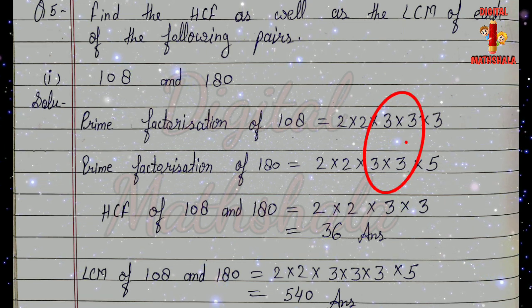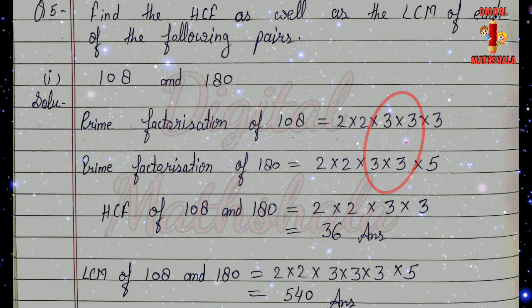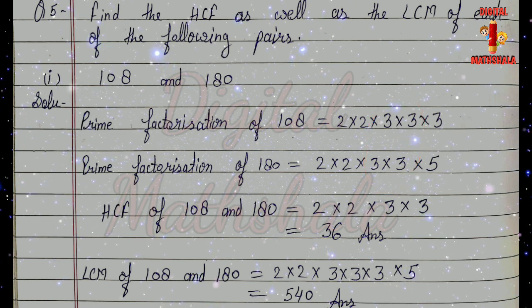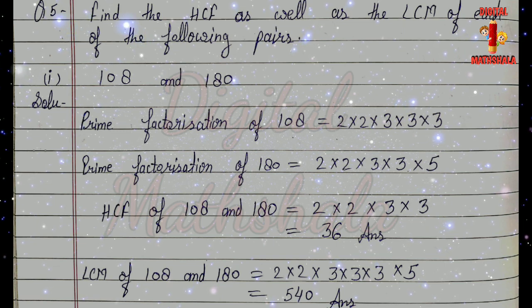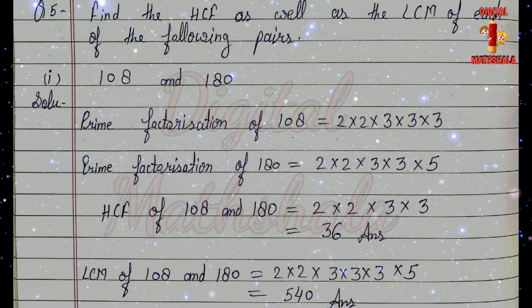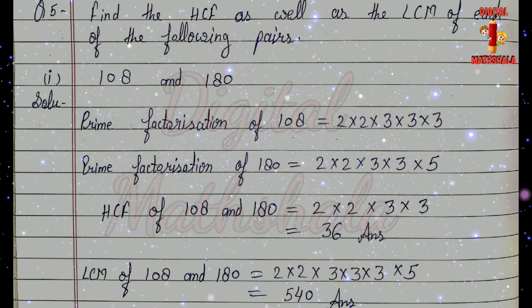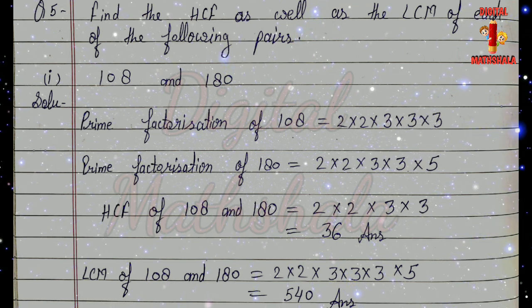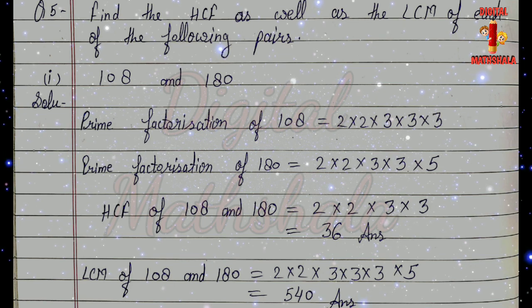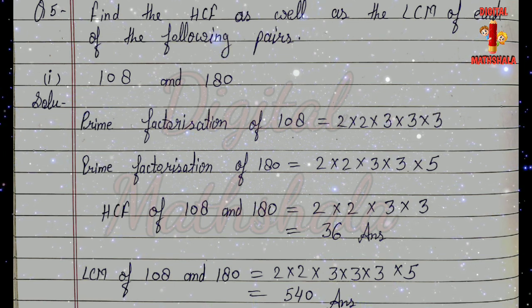Now 5 is in the factorization of 180 but not in 108, so we will not take 5. So the HCF of these two numbers will be 2 multiply 2 multiply 3 multiply 3, that is 36.